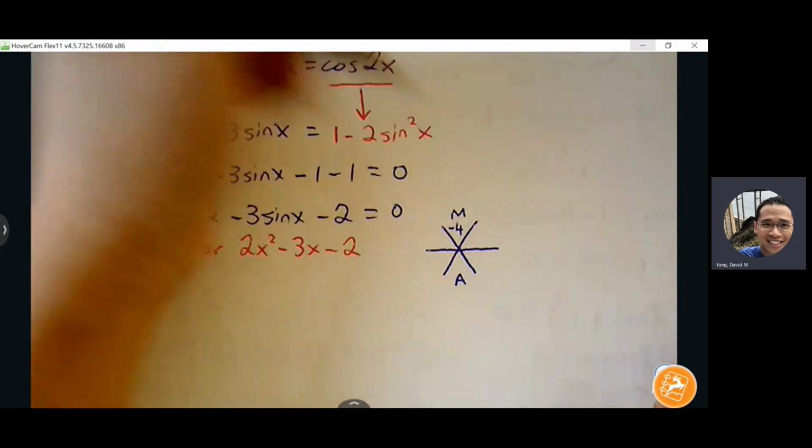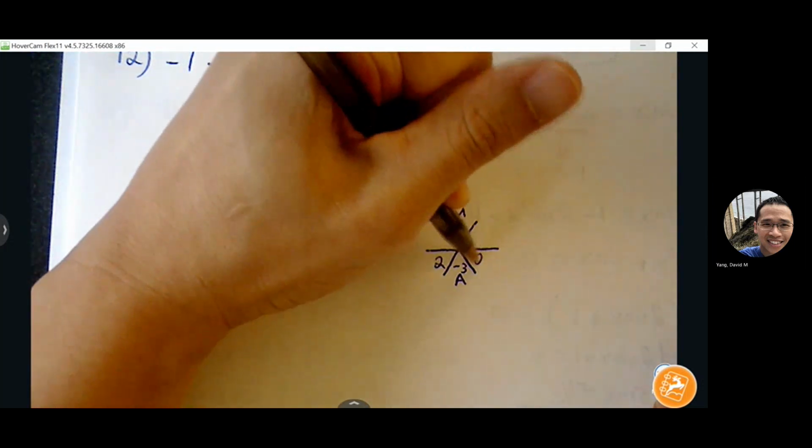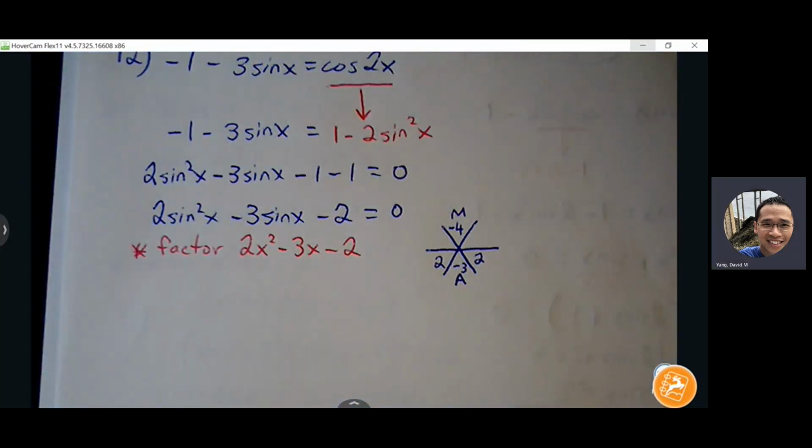That's my a times c. Adds up to be -3. So what two numbers multiply to be -4 and add up to be -3?